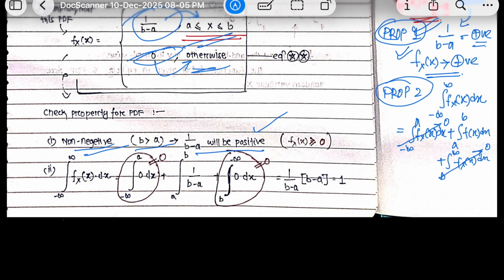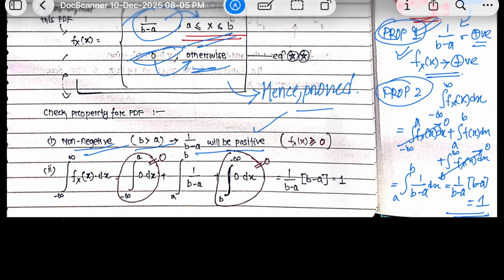So the integral from minus infinity to a is 0, and from b to infinity is also 0. We remain with the integral from a to b of 1 by b minus a dx, which gives 1 by b minus a times b minus a, that is 1. Hence proved. This is a true property for uniform random variable.